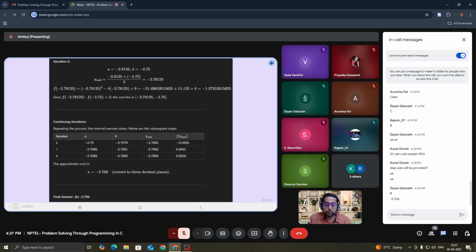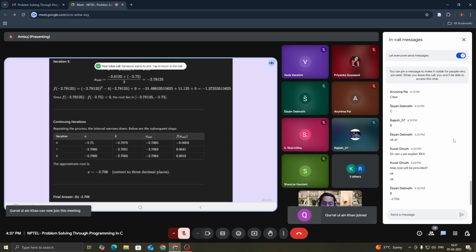Within the appropriate margin of error, the root would be approximately lying between minus 2.78125 and minus 2.75. Okay. So you can just see here that it is approximately minus 2.706.